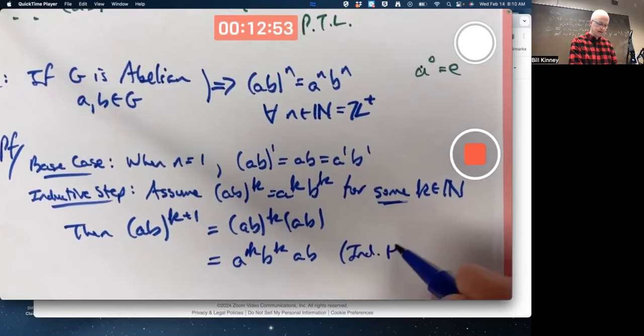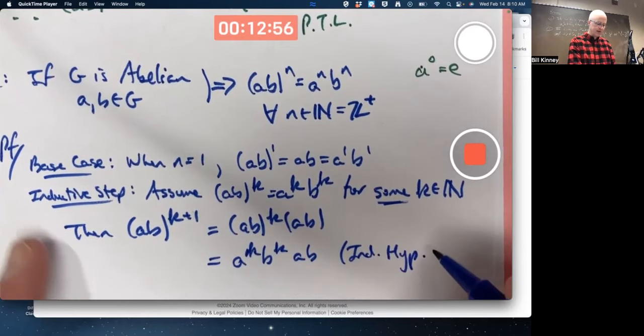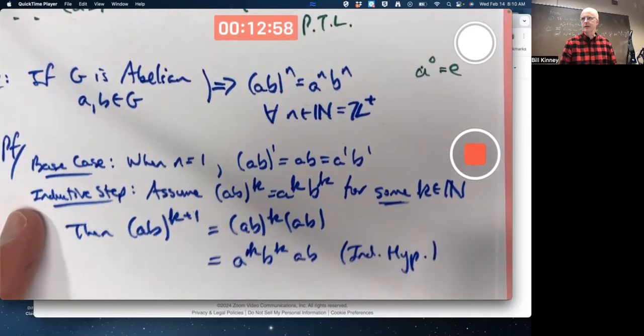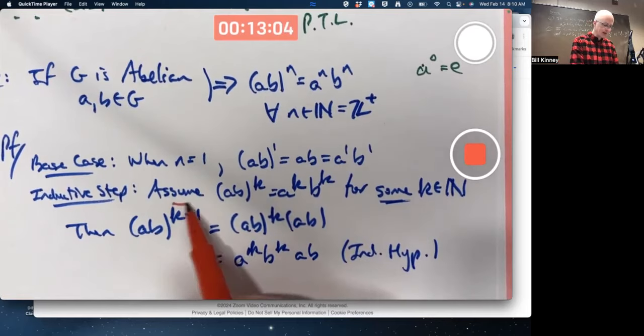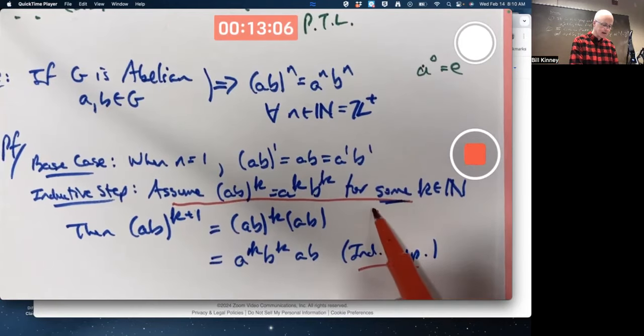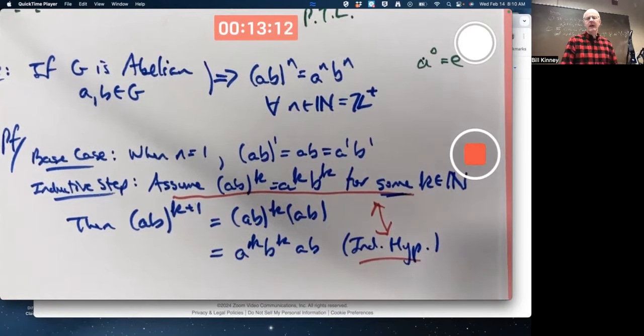I called this whole thing the inductive step, but you could call it the inductive hypothesis as well. This first line, the assumption, is the inductive hypothesis. We've never used the fact that G is abelian so far. Well, use it now.